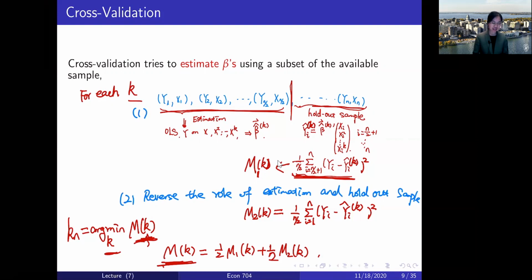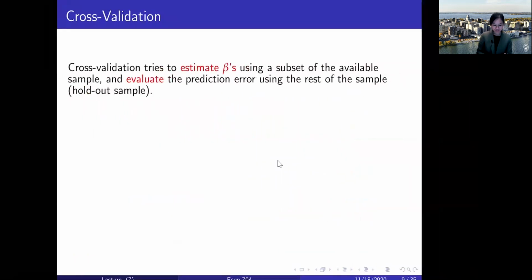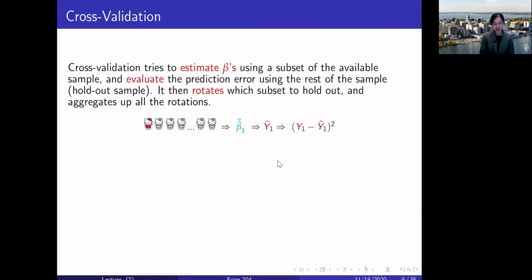So that's the basic idea of cross-validation. Of course, you are not restricted to only split the sample in two ways. You can split it in many different ways. In the extreme, you can split your sample in n ways, using the n minus 1 parts as your estimation sample and using the remaining one as the holdout sample.